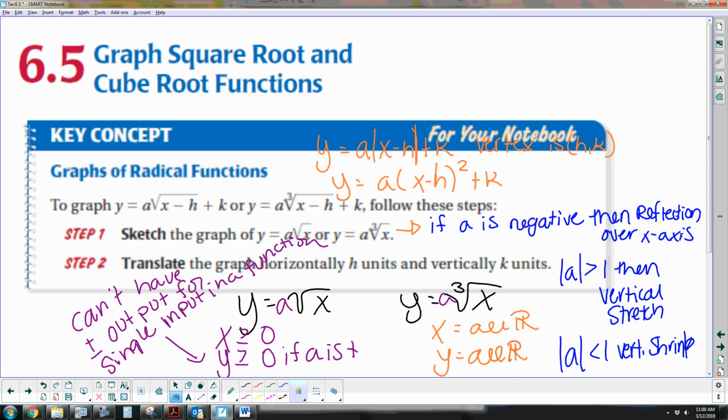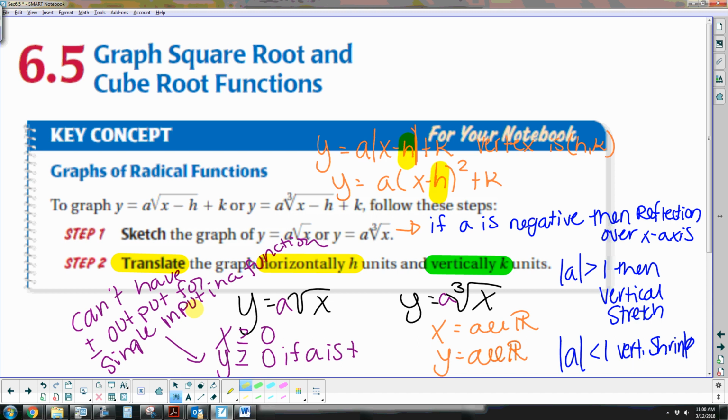Now we're going to graph the function y equals a times the square root of x, or a times the cube root of x, and then we're going to translate this horizontally h units and vertically k units. So again, think of your vertex form of your quadratic function or your absolute value form.